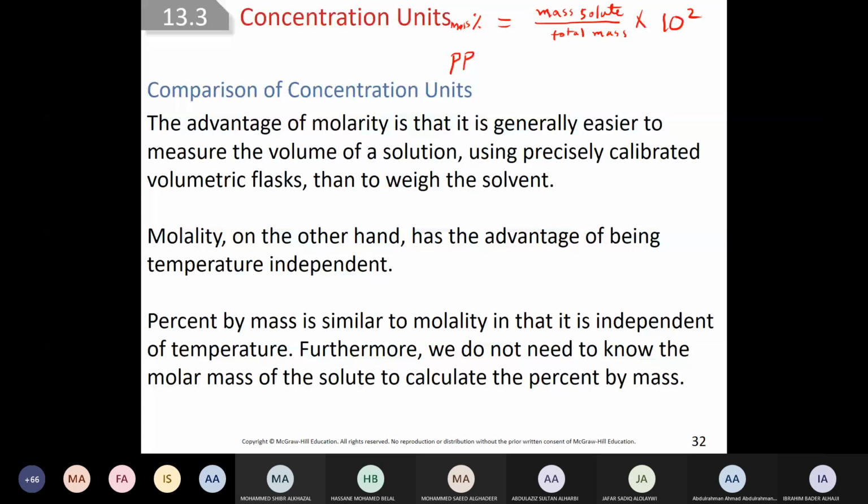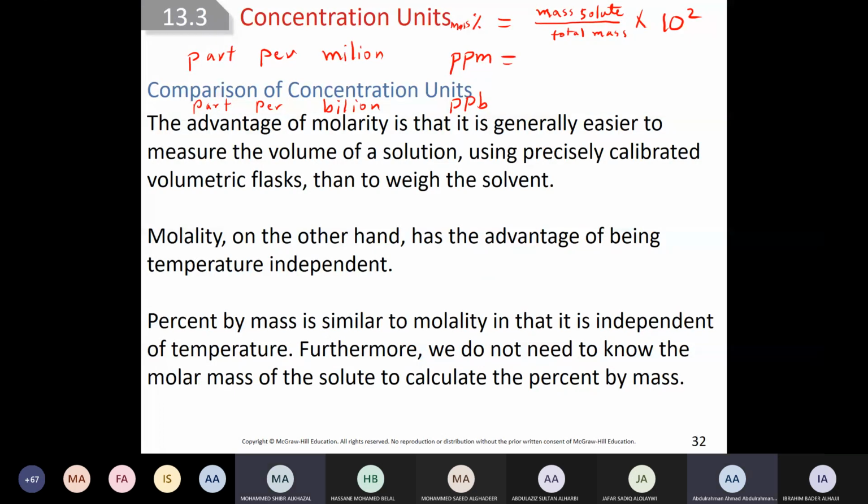I want to define two things for you: ppm and ppb. ppm is called parts per million, and ppb is called parts per billion. Is this clear?